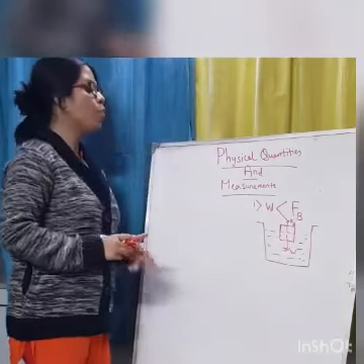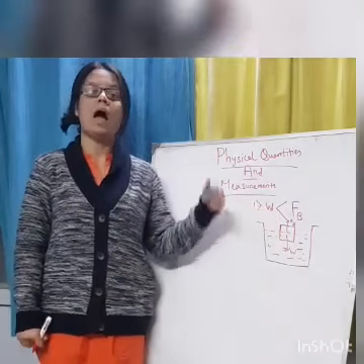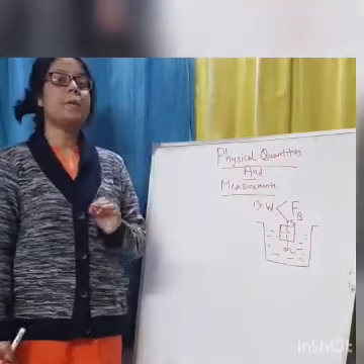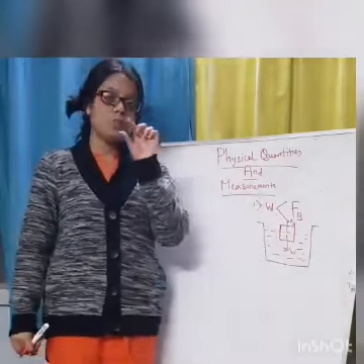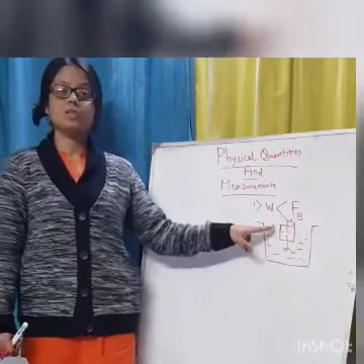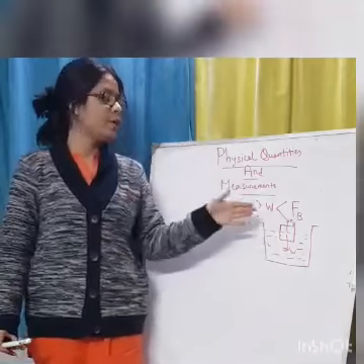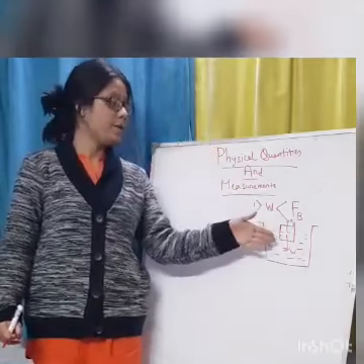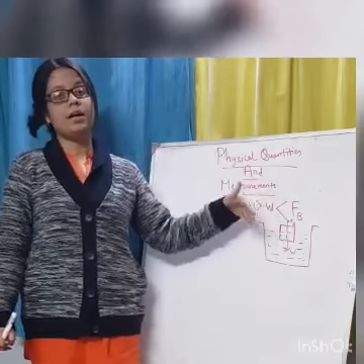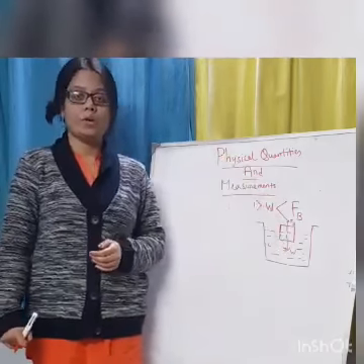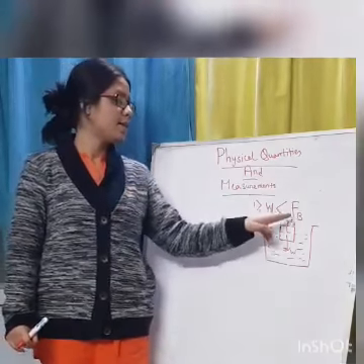How much portion of it will be immersed in water and how much portion will be out of water is determined by the fact that only that amount of the solid will be immersed in water so that the weight of the liquid displaced by the immersed part balances the weight of the entire body.